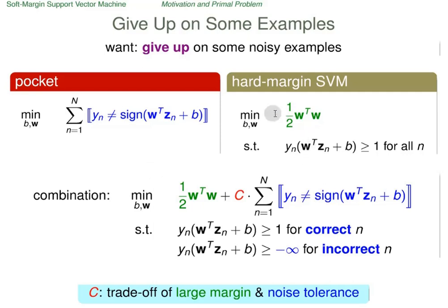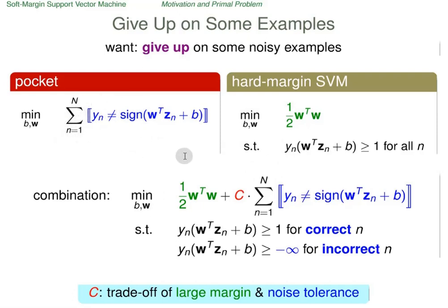Well, this is the original formulation of the hard-margin SVM, which assumes the data to be linearly separable. We can try to combine the objective of the SVM with the following pocket PLA objective function.